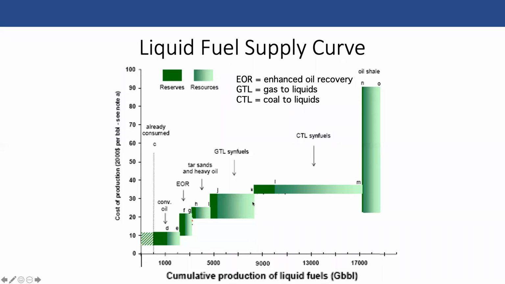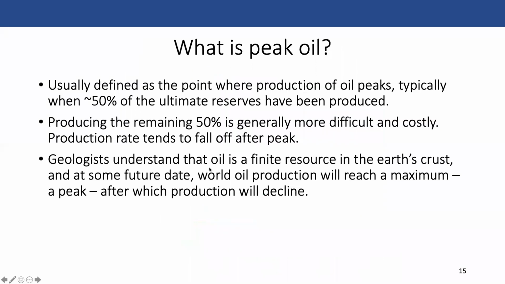And so as you go from left to right, not only does it cost more, the production rate tends to decrease for different types of fuels because it's harder to extract and harder to refine. And so at some point in the future, because we know that crude oil is a finite resource, eventually it's going to get harder and harder to produce, and that leads to a decline in the production.